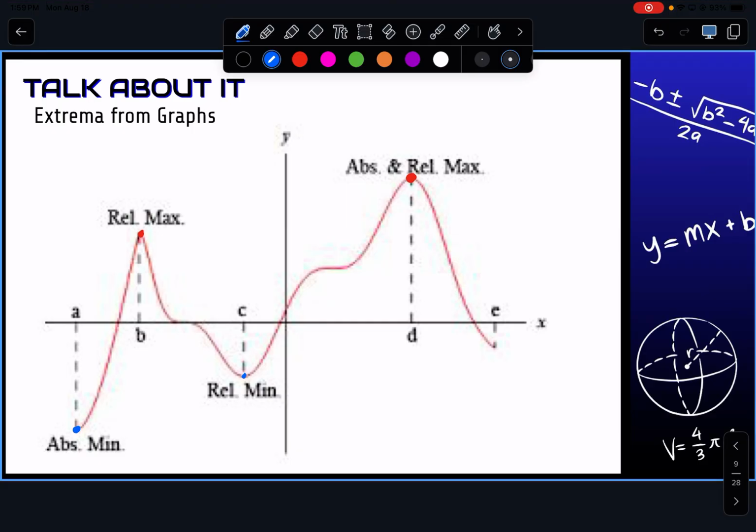This is going to be your best reference in conjunction with the definitions, your best reference as we work with relative max, relative min, absolute max, absolute min.